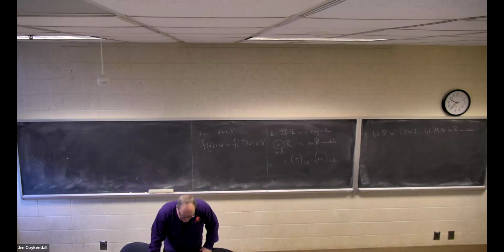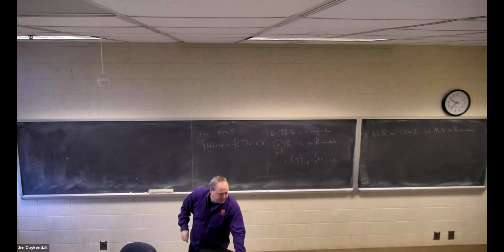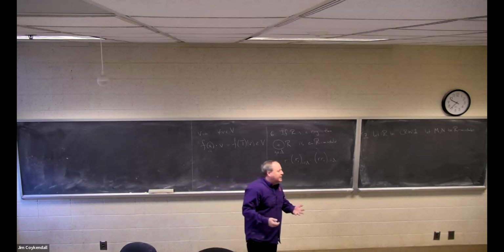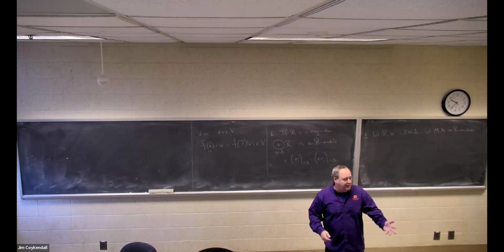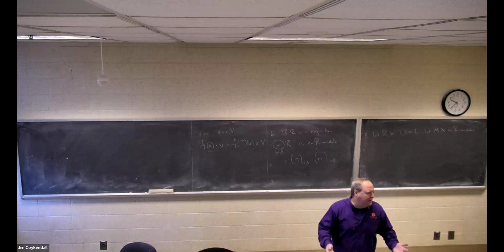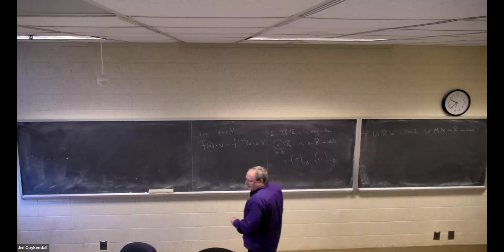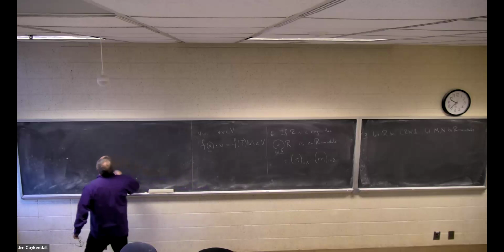How many of y'all remember what a linear transformation is? In hindsight, with more mathematics, you look back and ask, what is a linear transformation? Well, it's just an abelian group homomorphism that respects the scalar multiplication. This is what an R module homomorphism is going to be. So let me give you this definition.